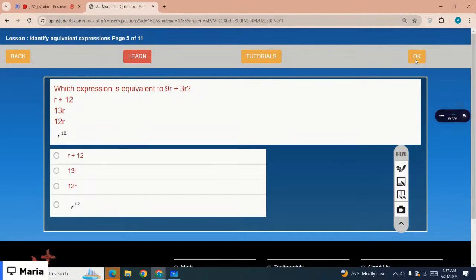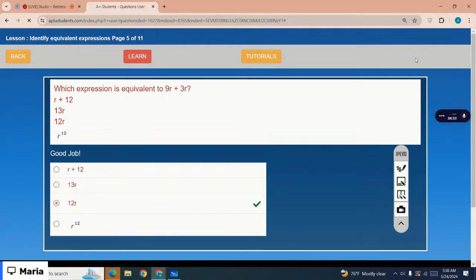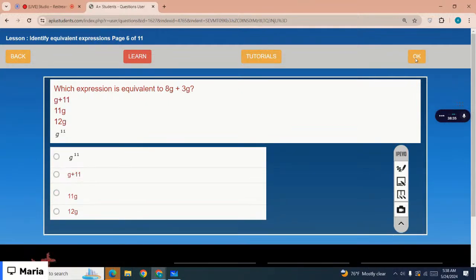Which expression is equivalent to 9r plus 3r? So which is the correct option? That is 12r. Very good. Which expression is equivalent to 8g plus 3g? So which is the correct option?